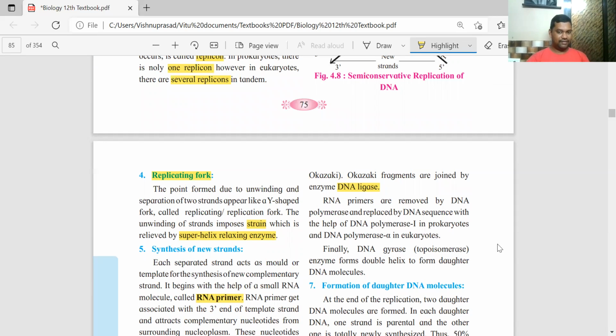DNA polymerase removes the RNA primers and replaces them with DNA polymerase 1 in prokaryotes and DNA polymerase alpha in eukaryotes. दोनों में अलग-अलग हैं enzymes. तो ऐसे finally you are getting the lagging strand and the leading strand both. Joining हो गया DNA ligase से.